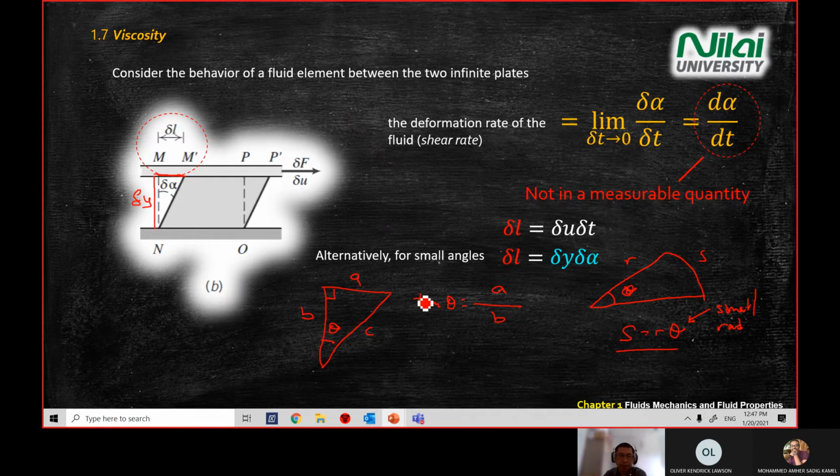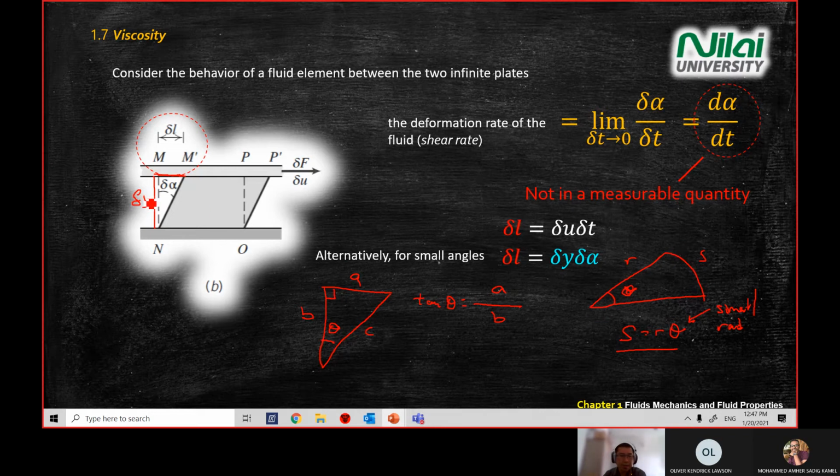Okay, any questions so far? There are two ways to get the length. One is to use velocity times the time. Another one, you use a trigonometry concept. Because we assume this alpha is very small, and this happens in real life also very small, by using this concept, R times theta equal to S. This is a cylindrical body.